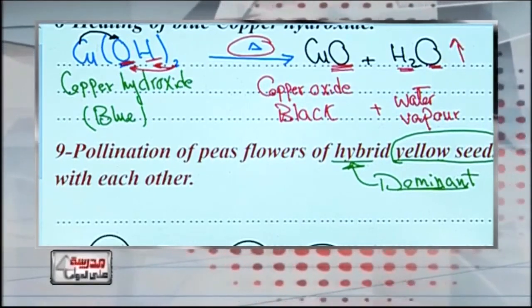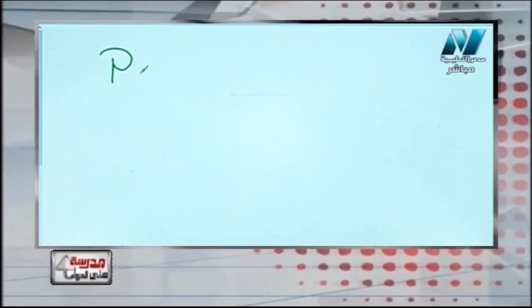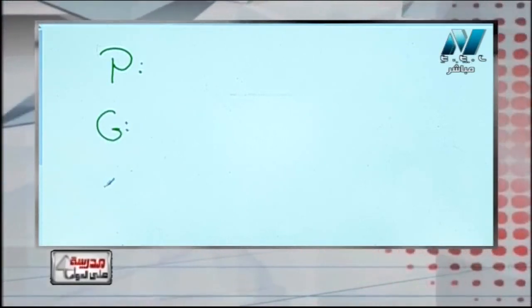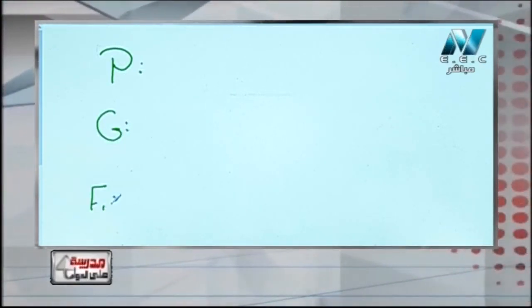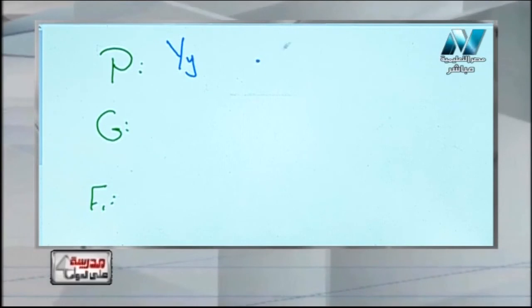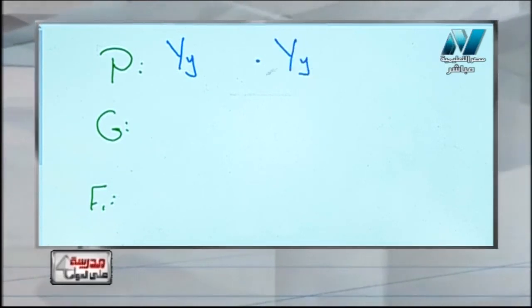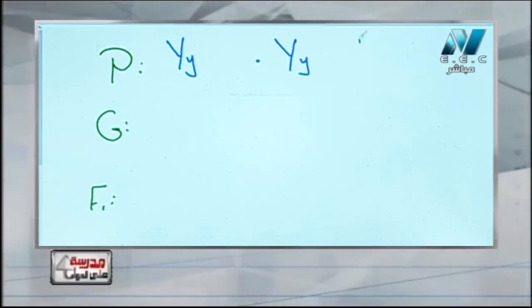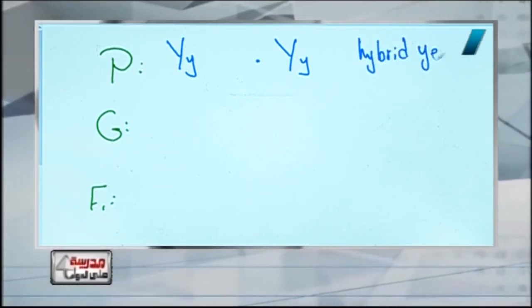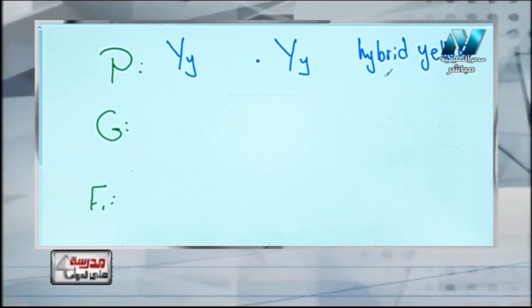يعني ممكن نكتب كده P which means parent, G which means gamete, and here we have F1 first generation. We have what? Y capital Y small with Y capital Y small. Hybrid yellow seed.